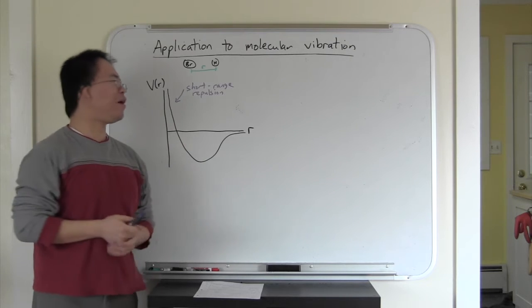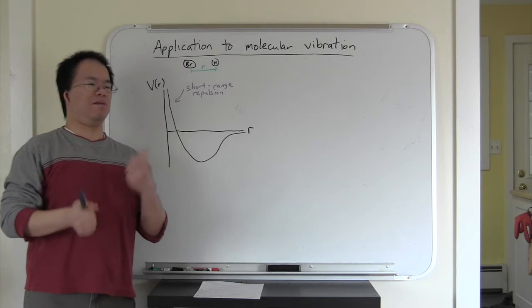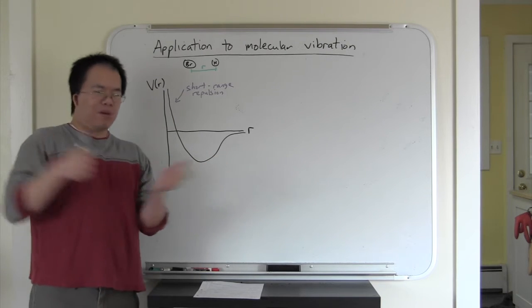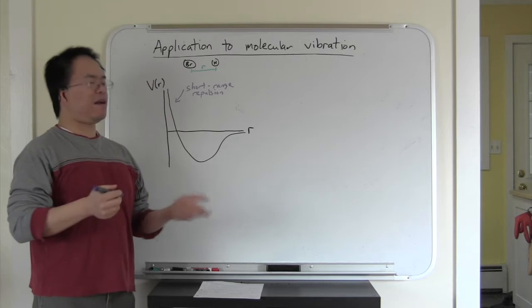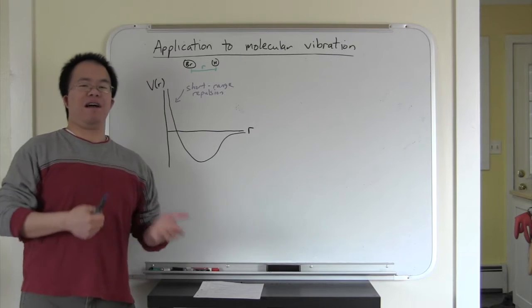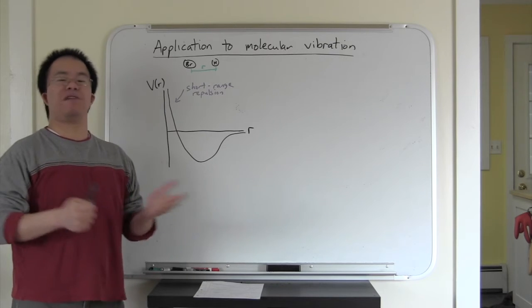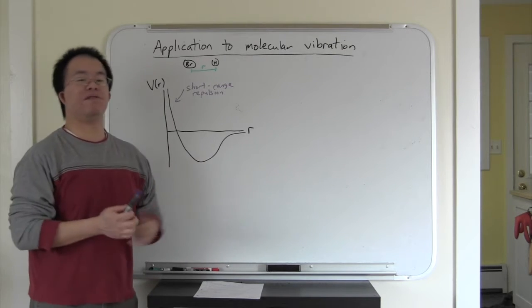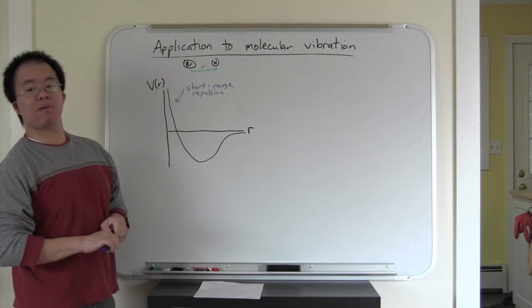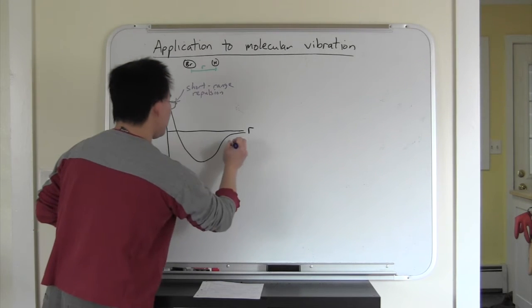And there are a bunch of reasons for this. Both of these atoms have electrons, and if you push them too hard together, those electron clouds, and even closer together, their nuclei, will have strong repulsive electrostatic interactions. There's also a long-range attraction out here.